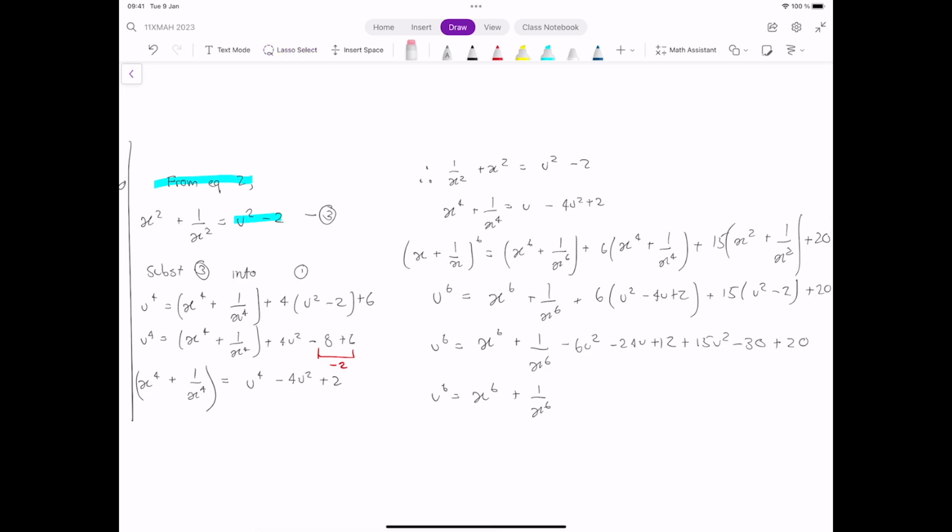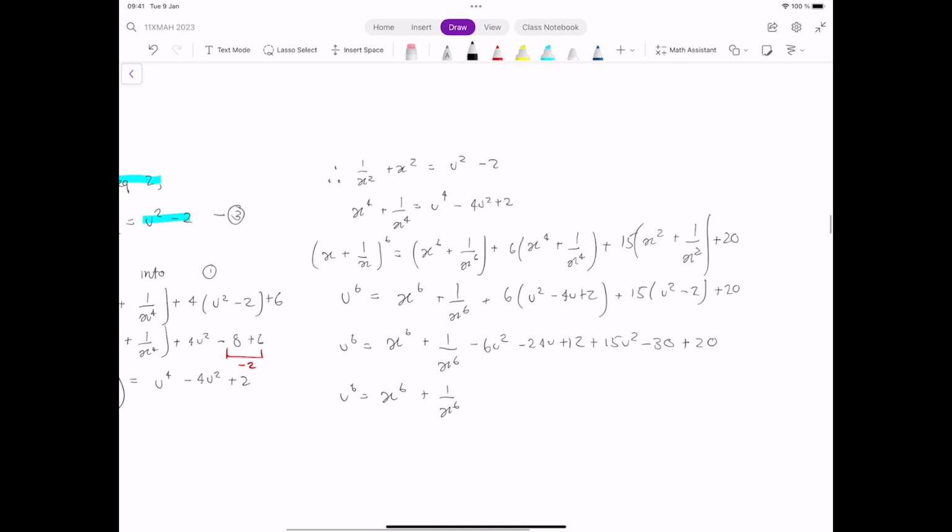This is u to the power of 4. That's my fault. That doesn't change much. All it means is I made a mistake. That's u to the power of 4 up there, which would make that a u to the power of 4 and that a u squared, which would make that a 4 and that is squared.